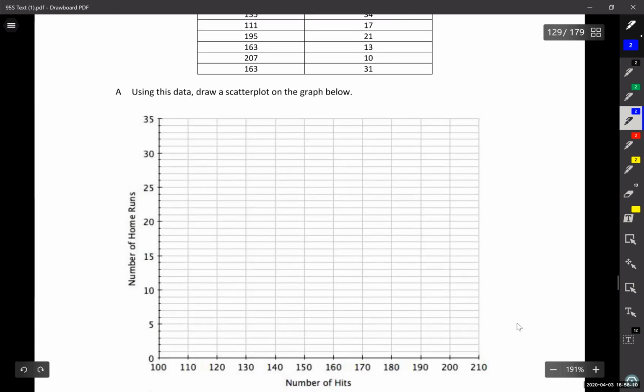Again, we're just going to be estimating this. Just draw a big dot; the bigger the dot, the more ish-ish it can be. So 119 and 5, 6, 7. 119 is right there. And then 128 and 12.